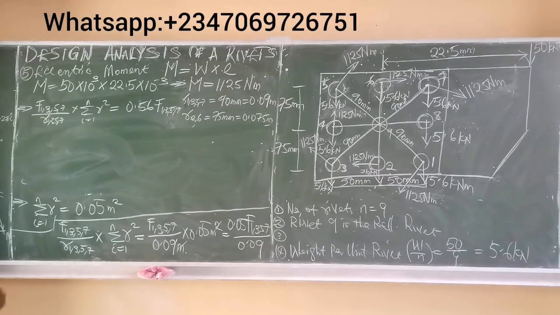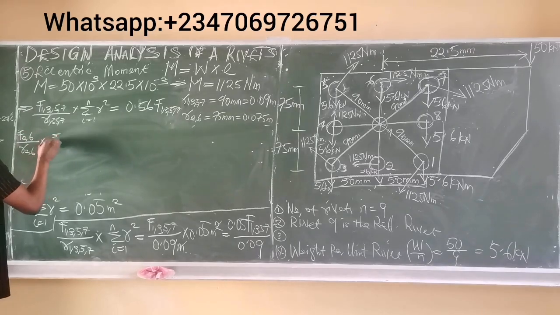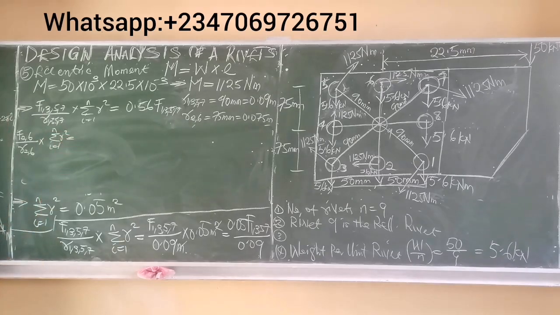Now, the same thing is applicable for F26 all over R26 times the summation from i equals 1 down to n of r squared. It's still the same formula.